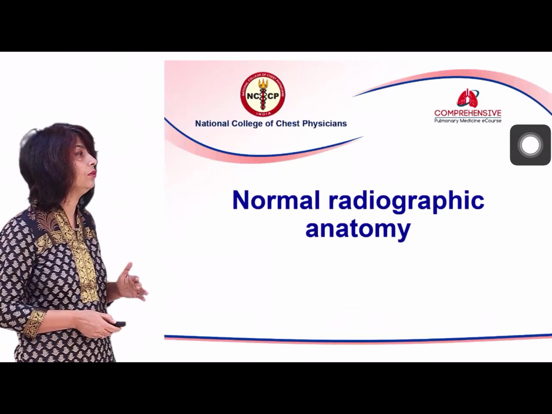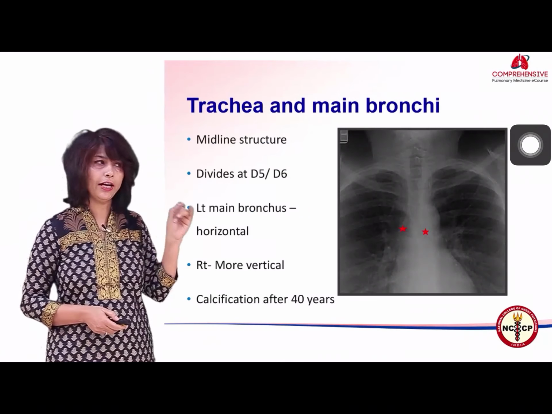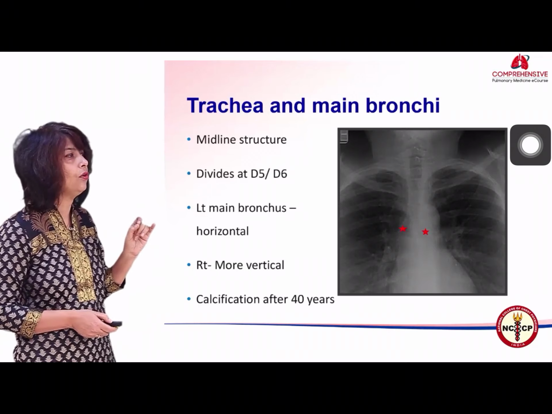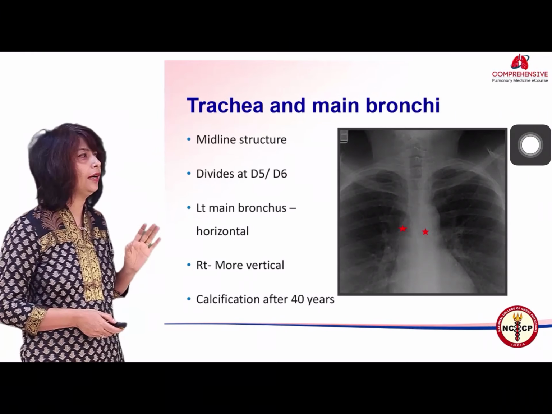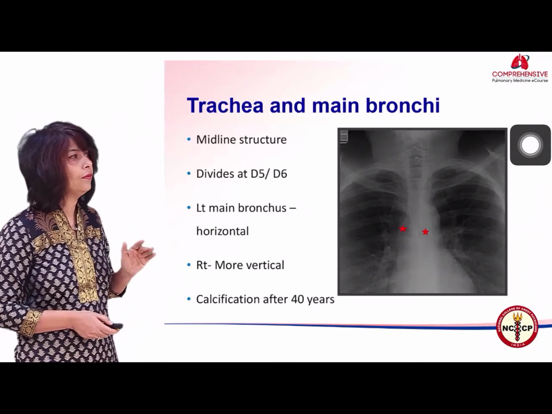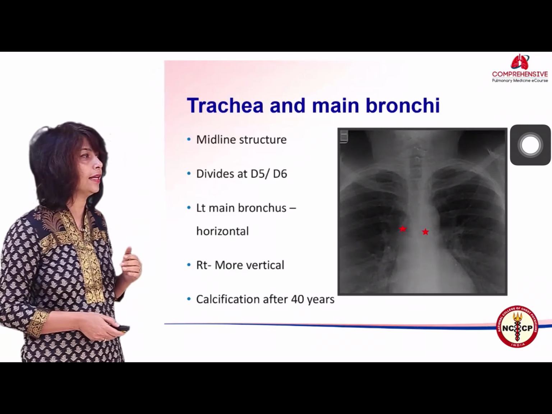Now we come to the normal anatomy. So we follow the checklist. We are going to cover the entire checklist so that you know whether your structure is normal or not. The trachea by and large should appear absolutely dark or black, without anything white or a filling defect inside it.